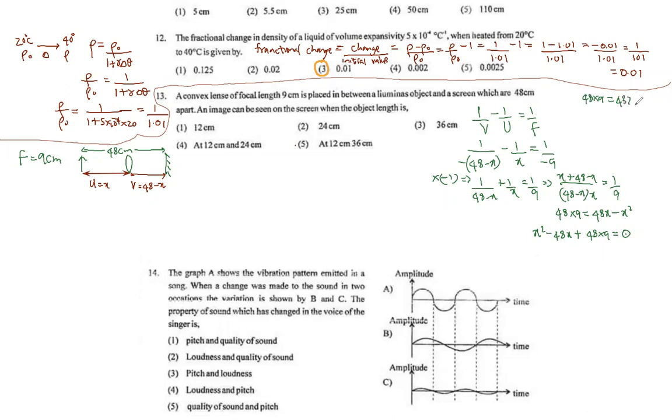432. So 432 we can write as 2 into 216, 4 into 54, 6 into 72.